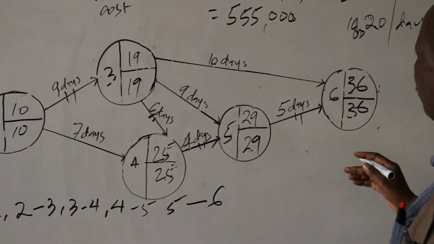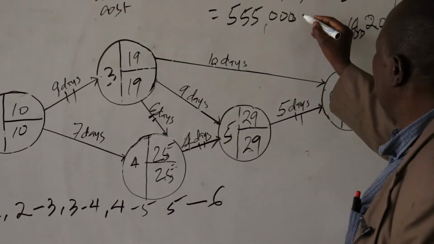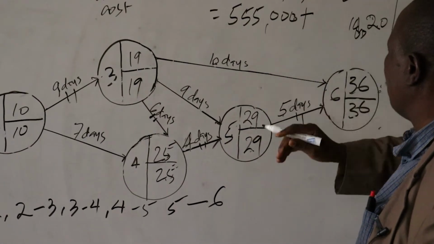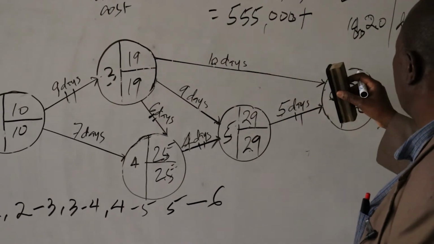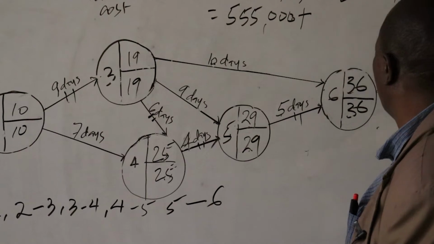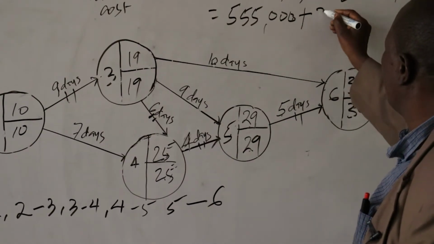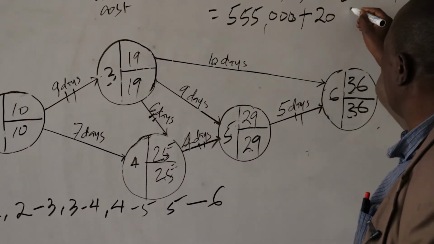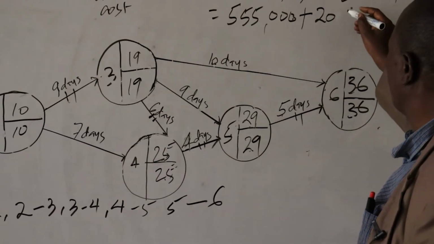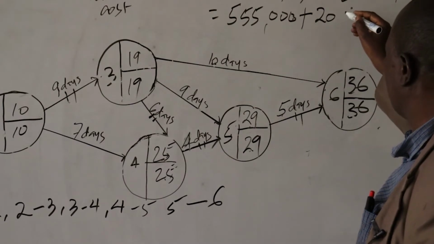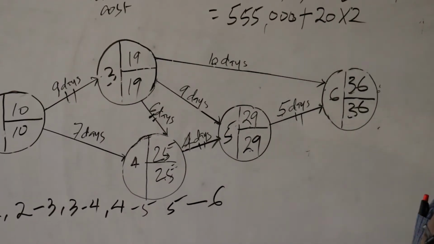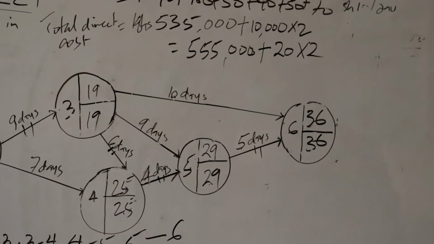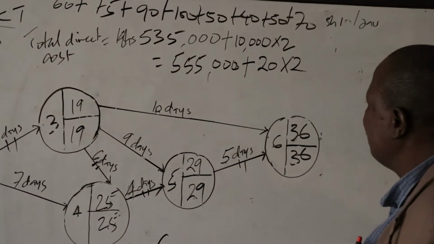The cost slope is 20,000 shillings per day, and we multiply by 2 days available for crashing of that activity.